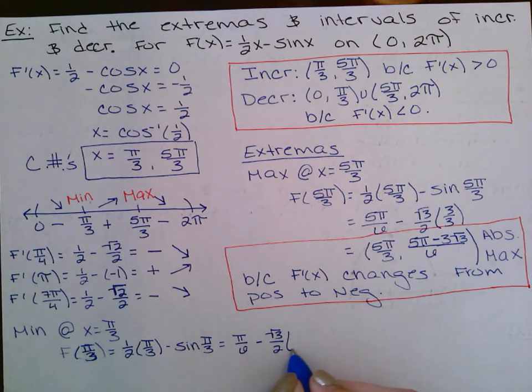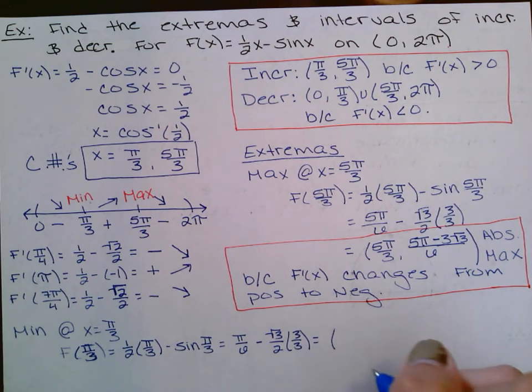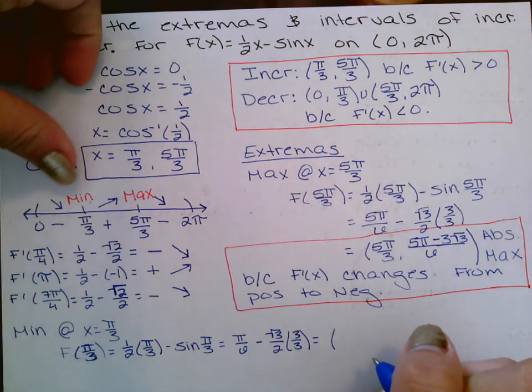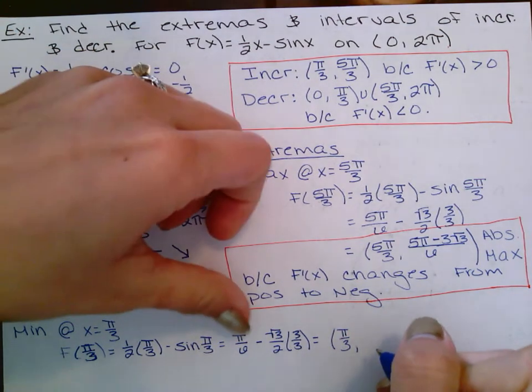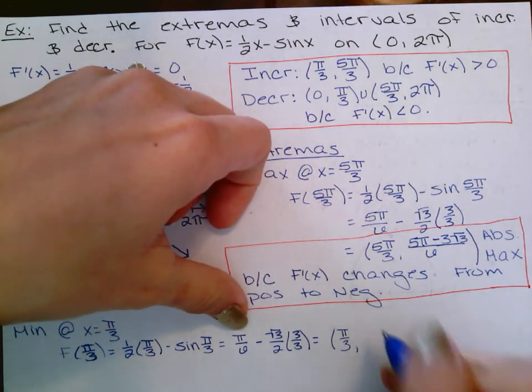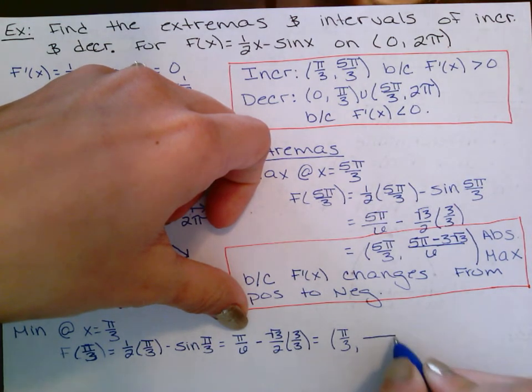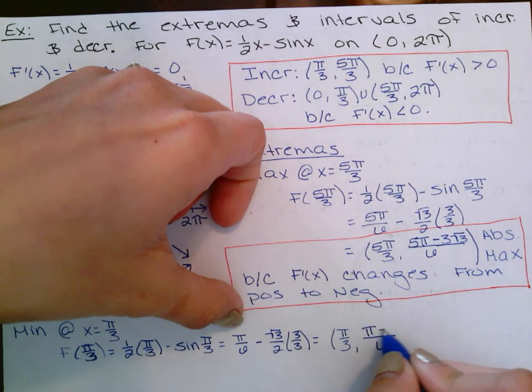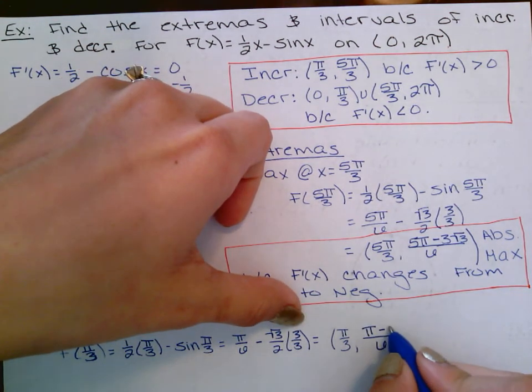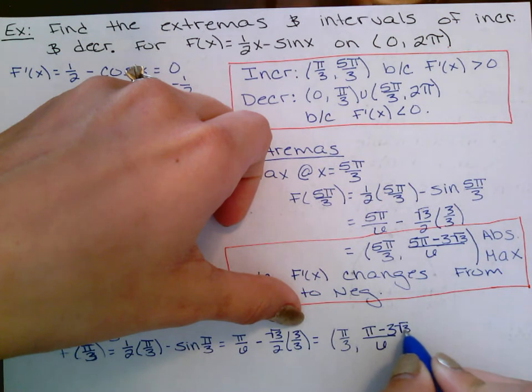Same thing, get common denominator. And I have, this will end up, so my full ordered pair, let's write it with an ordered pair already, gives me my x value, which was pi over 3, comma, and then my y value, when I combine this, I'm going to have a common denominator of 6, pi minus radical 3 times 3 is 3 radical 3.